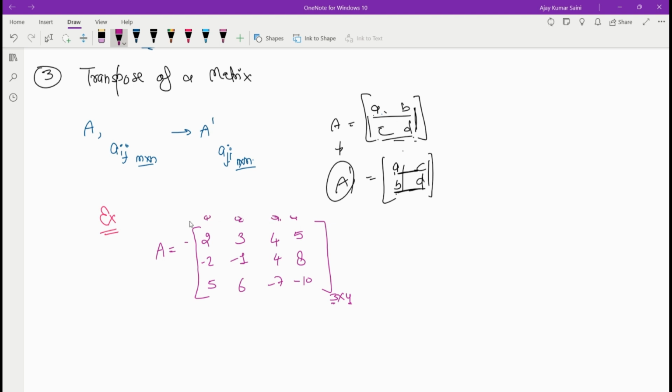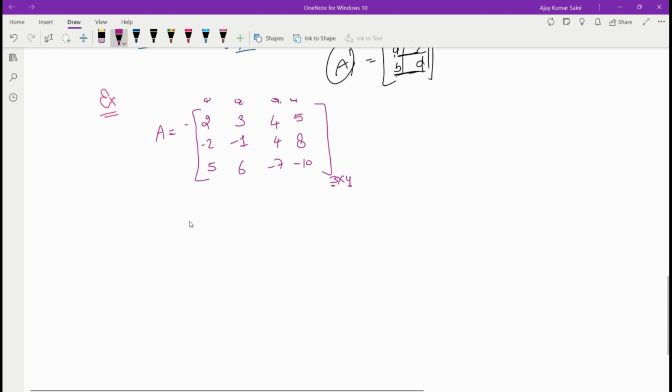Now I need to find the transpose of this matrix. It is very simple. First, it is represented by A dash. Make this row a column, which is 2 3 4 5.